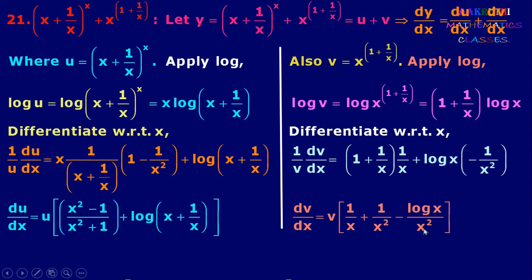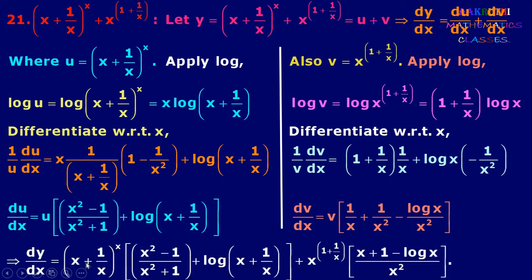Now substitute du by dx and dv by dx in dy by dx. We get dy by dx is (x plus 1 by x) whole power x into (x square minus 1 by x square plus 1 plus log of (x plus 1 by x)) plus dv by dx, which is x to the power (1 plus 1 by x) into (1 by x plus 1 by x square minus log x by x square).